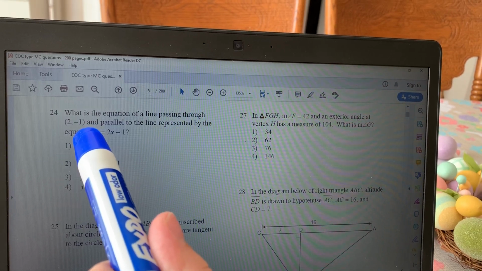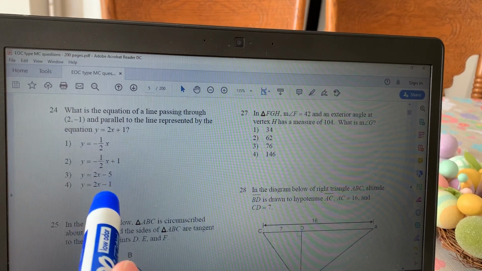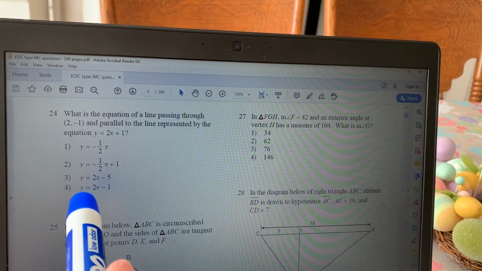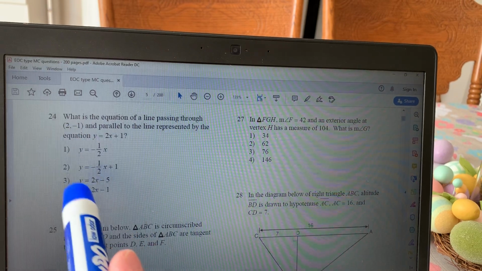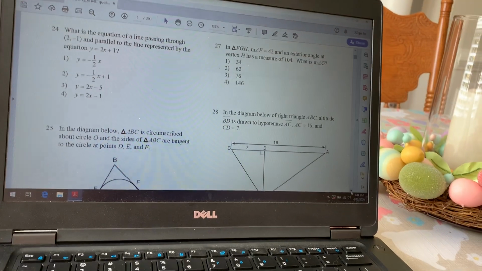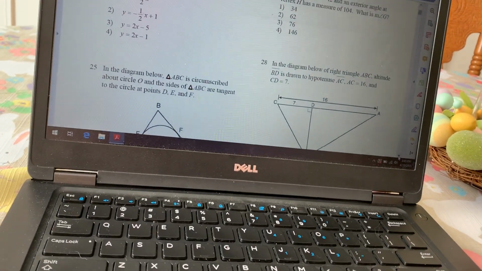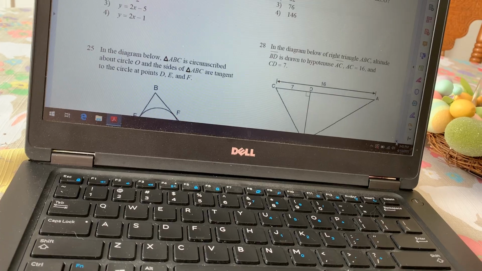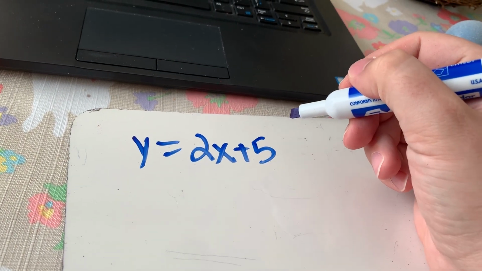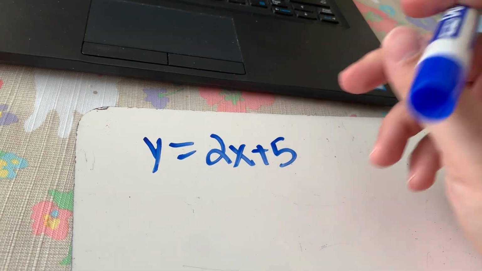But this is pretty easy. You just plug the point in. You don't have what it's equal to now because it's a different form, but you plug in x and then y and see what gives you the correct answer. We're going to start with 3: y = 2x - 5.